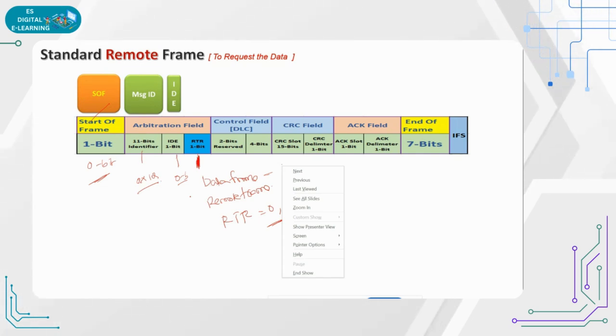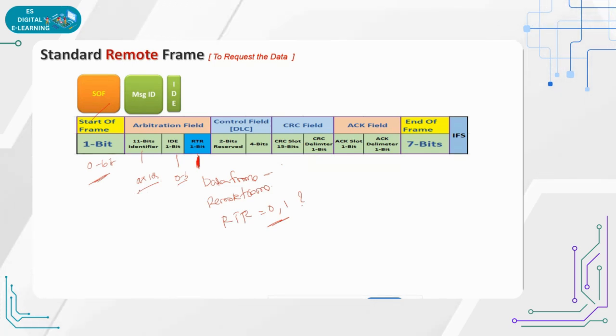So 0 means it knows that we are transferring the data. So the data frame is 0. And the remote frame is 1. So the remote frame means the RTR will be 1. It is saying that it is a remote frame. This is a very important field you need to remember.